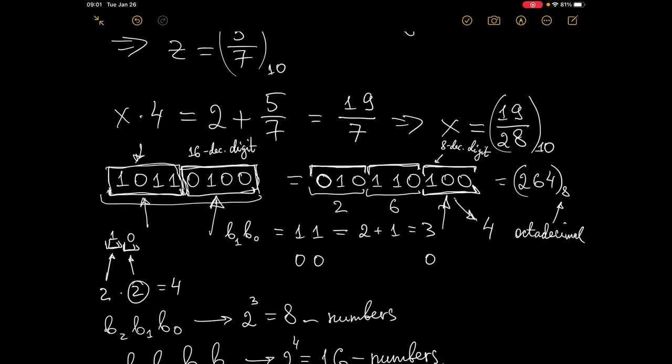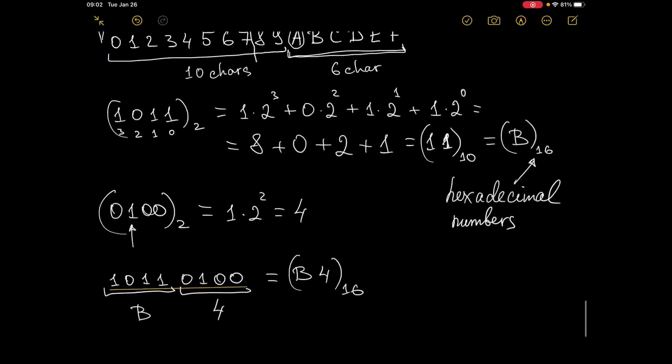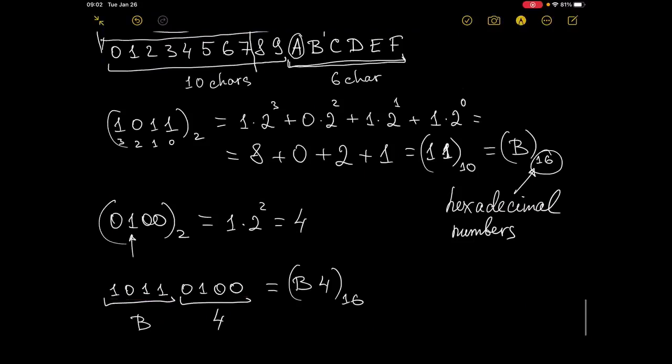Usually in most cases now, before people were using octal representation, octadecimal. Now it's relatively rare, and most of the time, if people want to represent some binary number in compact form, they use hexadecimal representation, or representation with base 16.